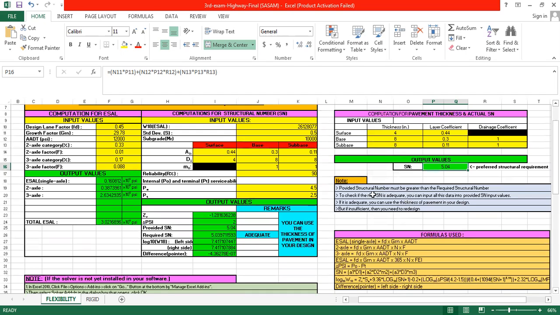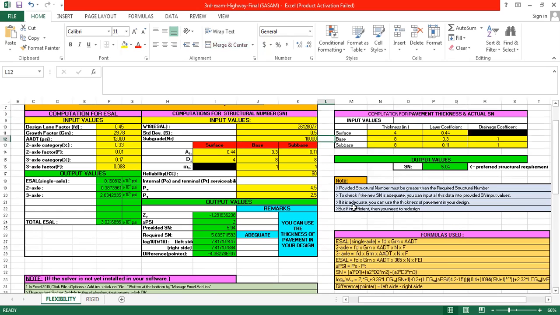So note, the provided structural number must be greater than the required structural number. To check if the new Sn is adequate, we should input all these data into the provided Sn input values, which is this one.